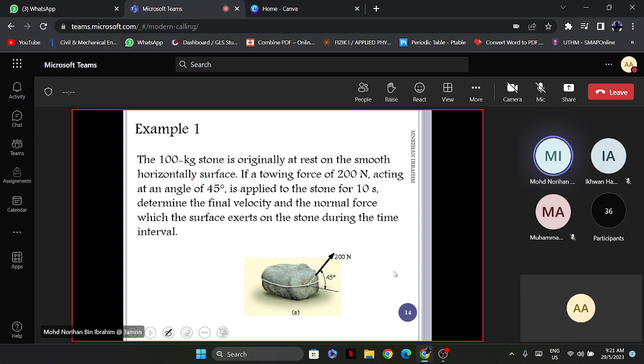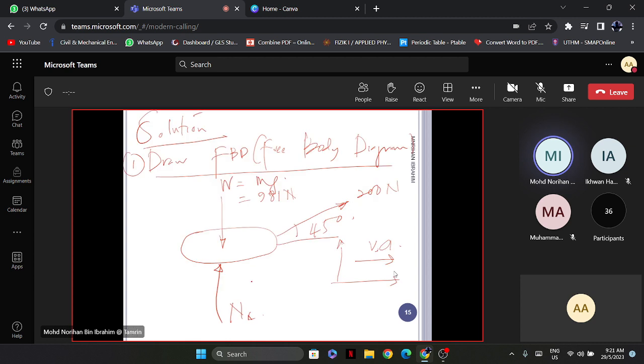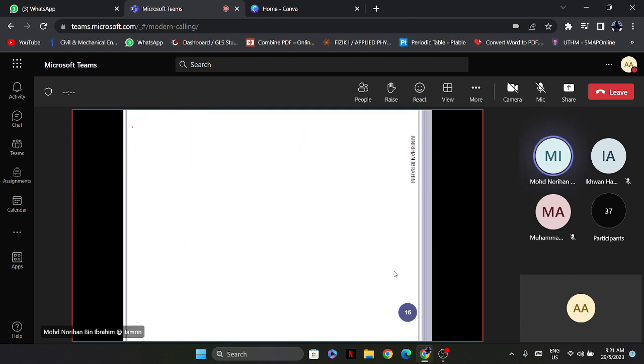So t is equal to 10 seconds. So that is the first step. The second step is to apply the principle of work and impulse.